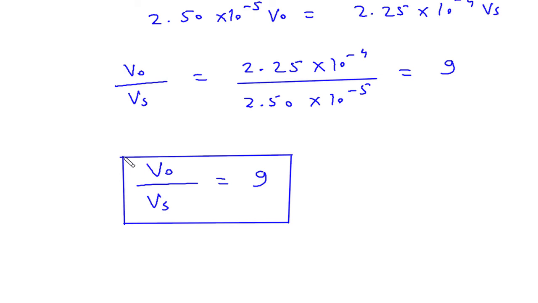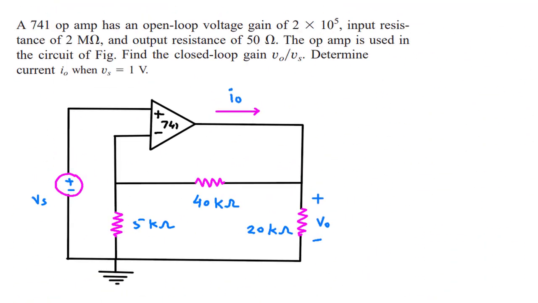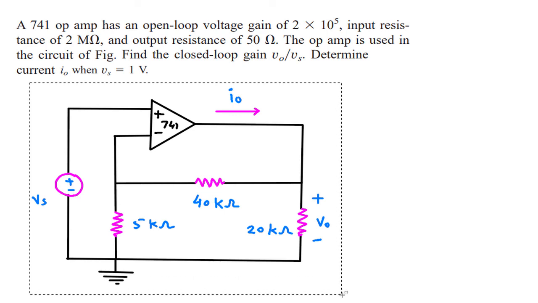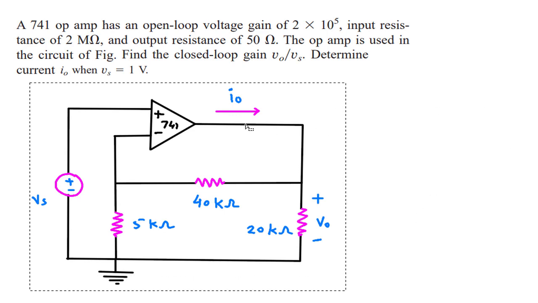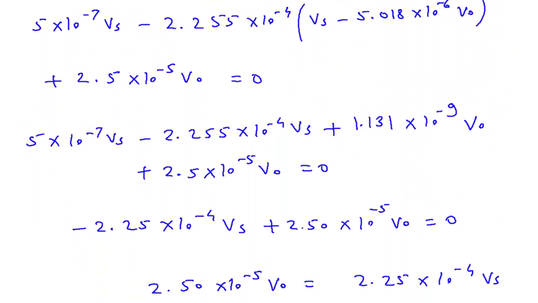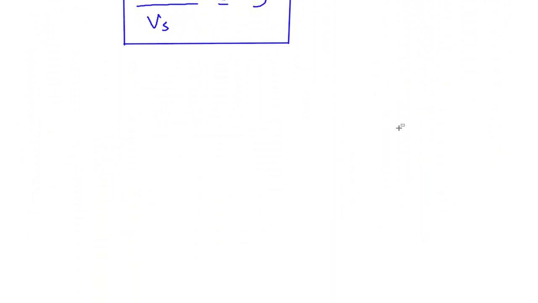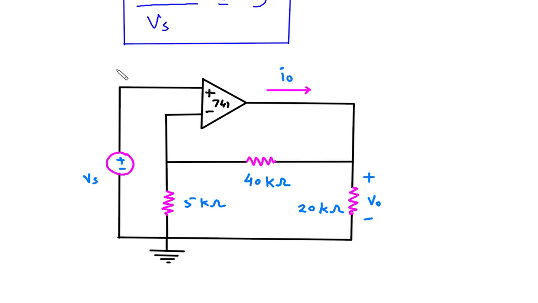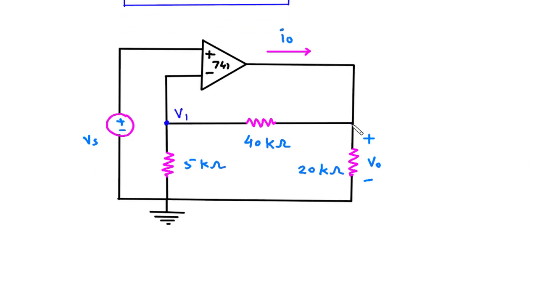Next we have to determine IO when VS is equal to 1 volt. So to find IO, we will take this circuit again. We will consider it as an ideal op amp. So here let's say this is V1, this is VO.